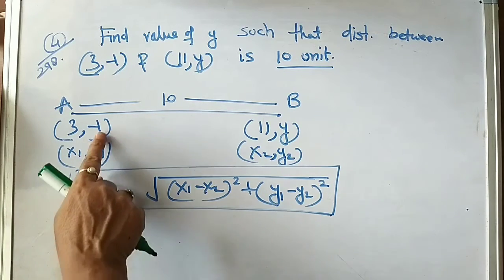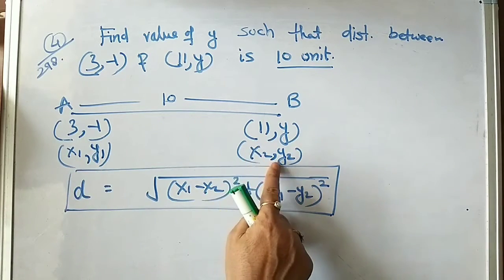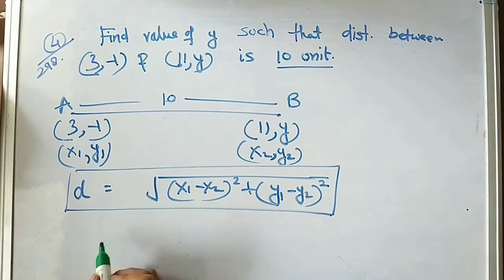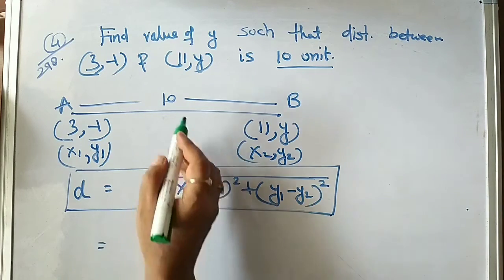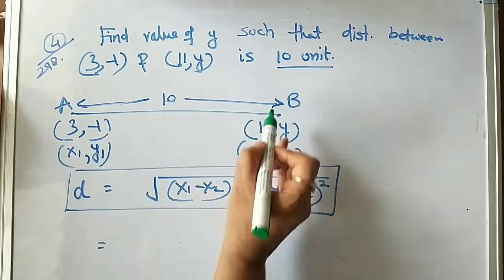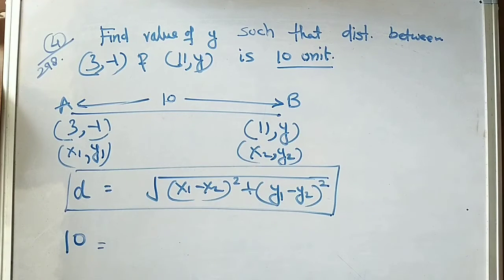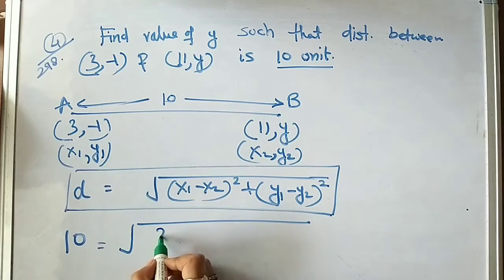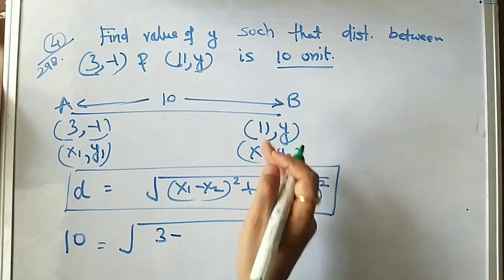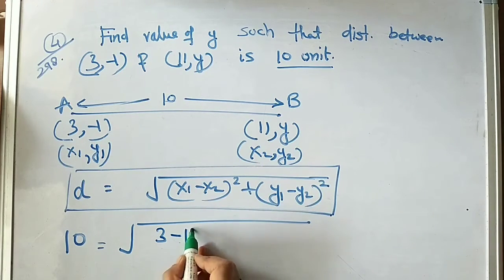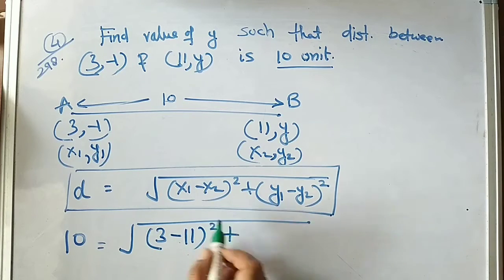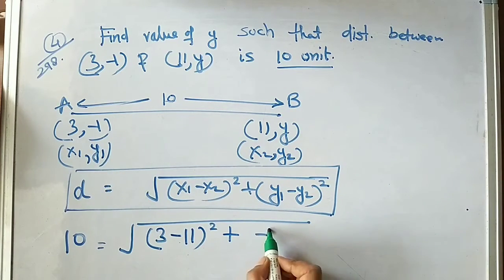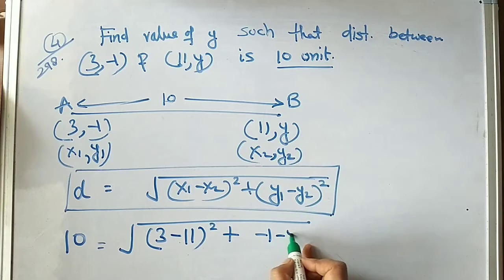X1 is 3, y1 is this, x2 is this, y2 is this. Okay, let me put it. And d is already provided, which is 10. Correct? So let me see. X1 is 3 minus x2 is 11 square plus y1 is minus 1, y2 is minus of y square.